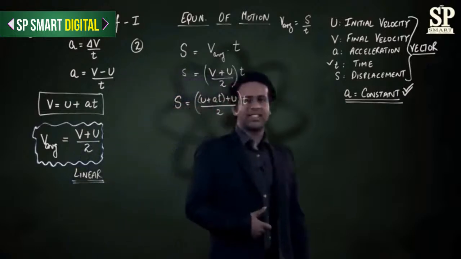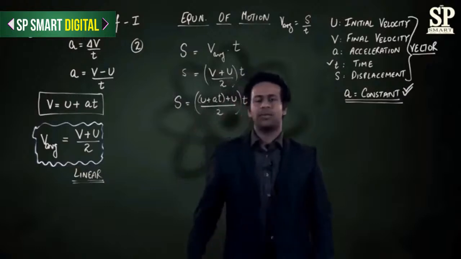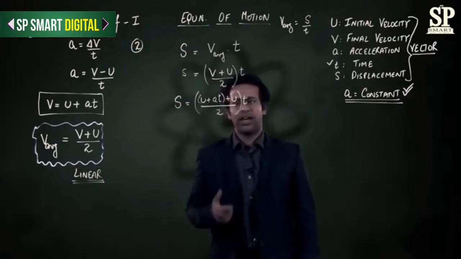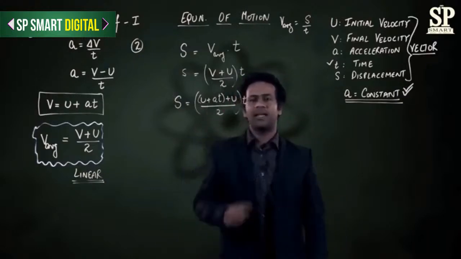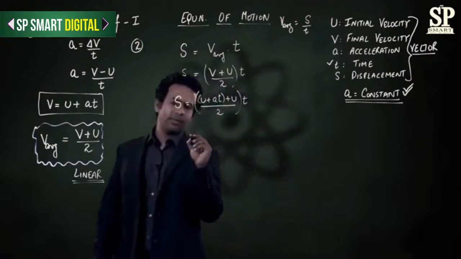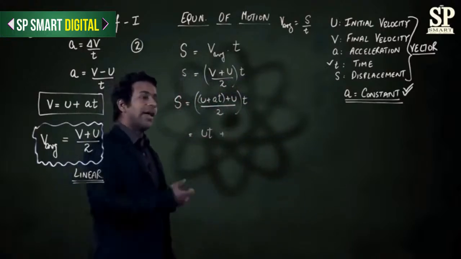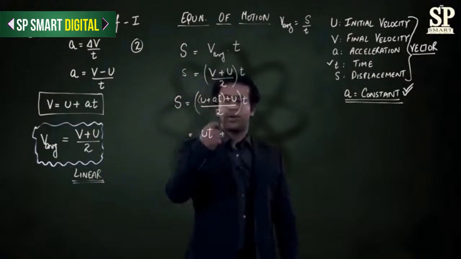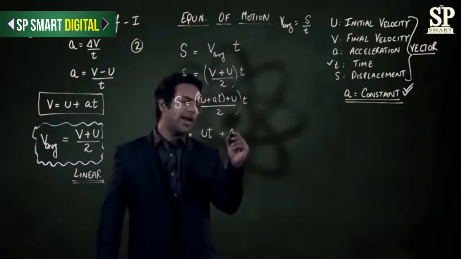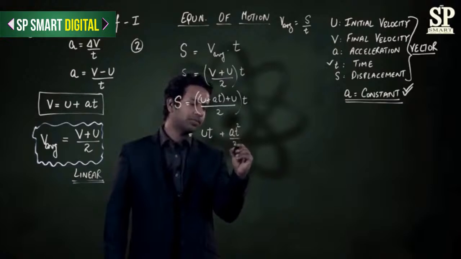Now the simplification is simple. u plus u becomes 2u divided by 2, you're left with u. Then you multiply it with t, so the first term becomes ut. The remaining term is at by 2. When you multiply it with t, you get at square by 2.